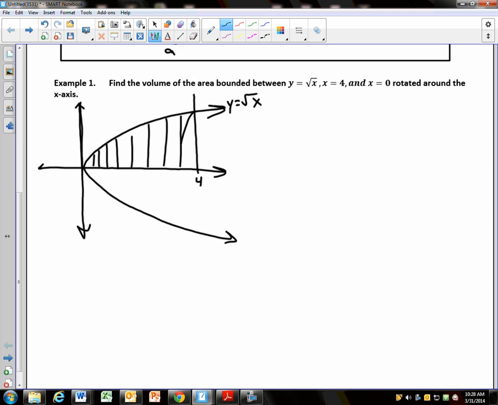And what I like to do then is I like to draw kind of the end of it to show that disc piece. What are you talking about? You want a hole in the middle?